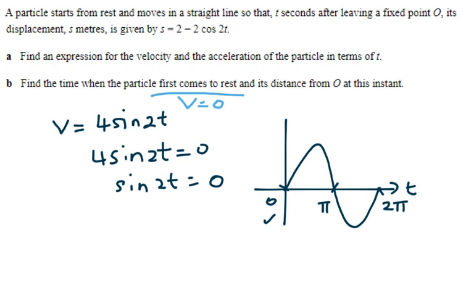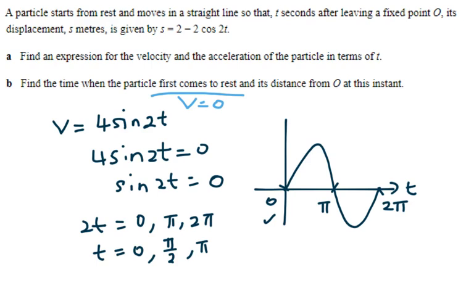So this 2t will give you 0, pi, and also 2 pi. Continuing with this, bring the 2 over: t is 0, the second will be pi over 2, and the third will be equivalent to pi.